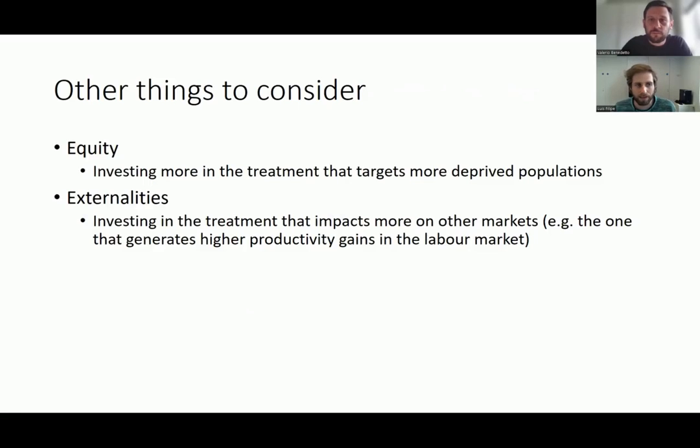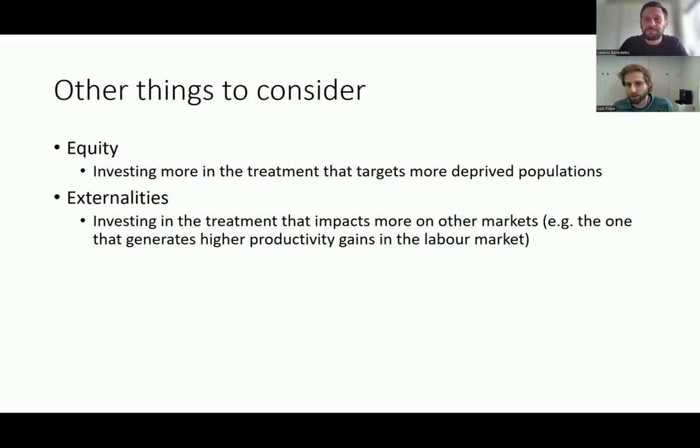And in this case, I'm going to give the examples of equity and externalities, because sometimes you may not care about the overall, the absolute effect of a new treatment. You may be more interested in fairness, in justice, some philosophy, some ideology, and you may want, for instance, to treat more the people that are more deprived and that are already in a worse situation, even though it may not be as efficient.